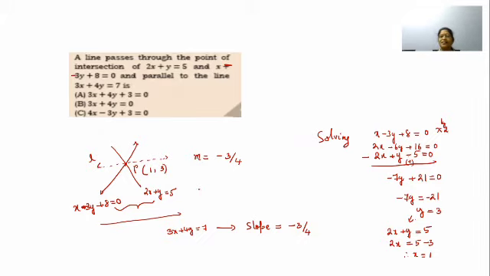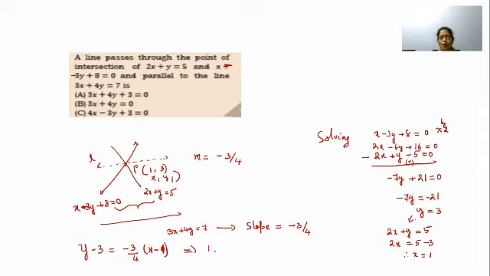Now the rest of the things are very simple. You have the point and you have the slope. So go for the point slope form. What is that? y minus y1 is equal to m into x minus x1. x1 is 1, isn't it? Yes.